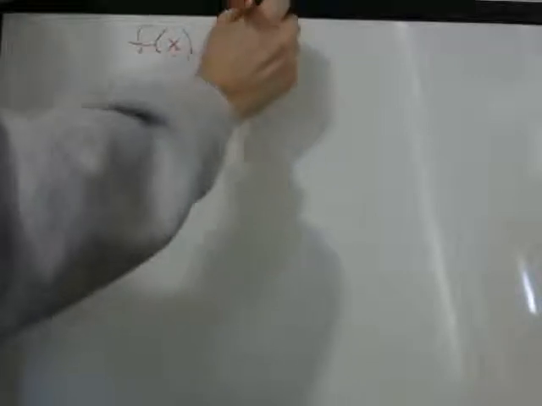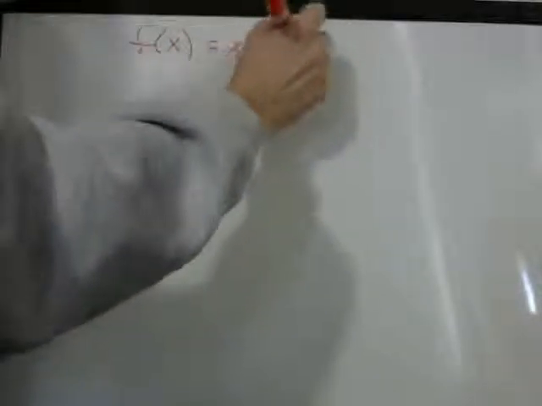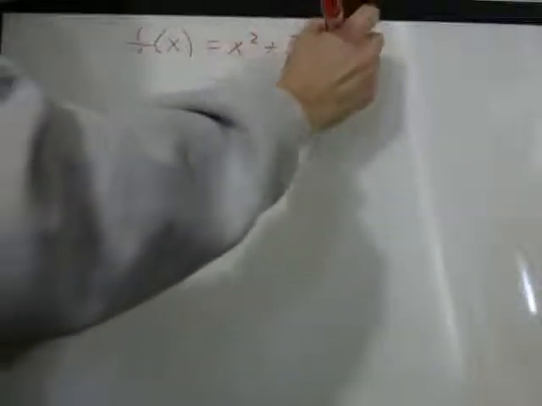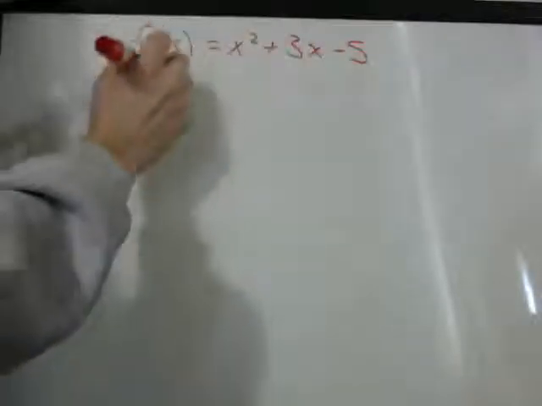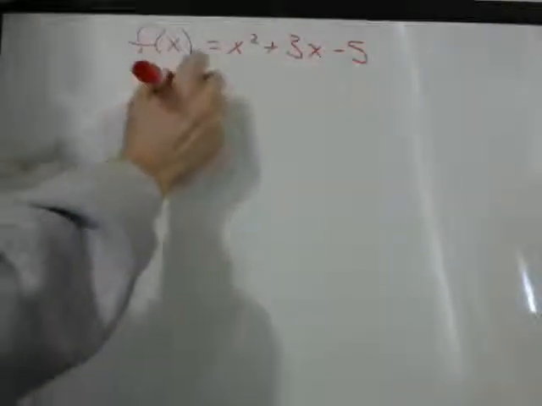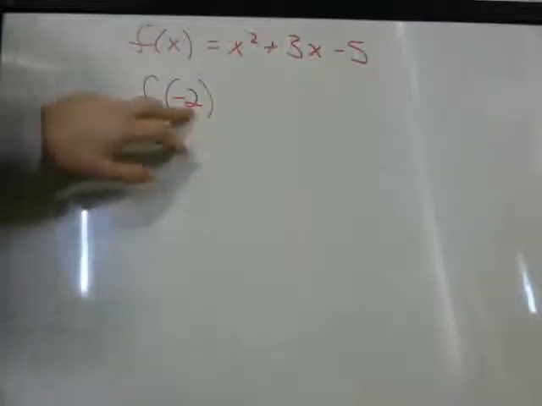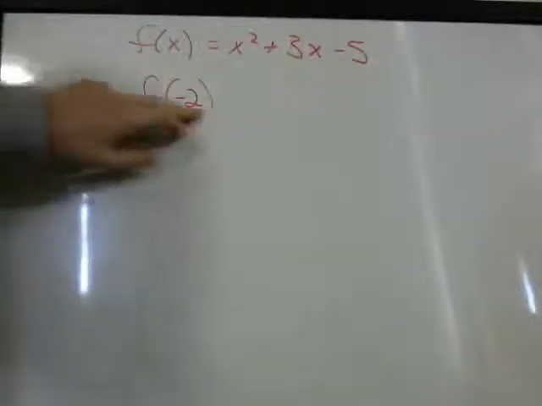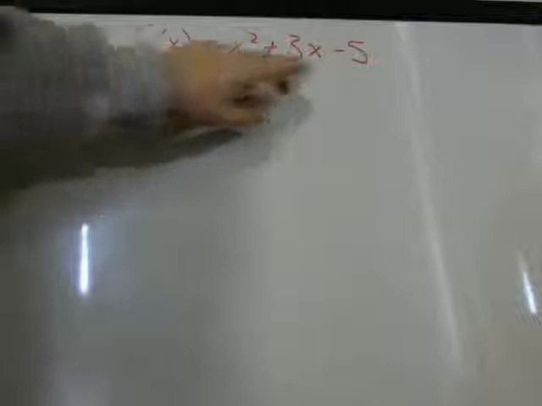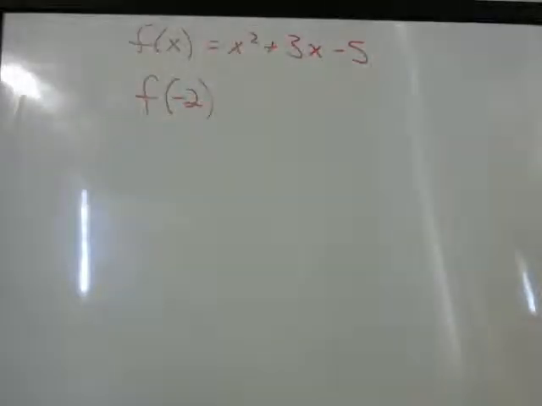F of x equals x squared plus 3x minus 5. What is f of negative 2? So you can have negative numbers in here as well. Whatever is in here is what you're going to substitute in for that x.